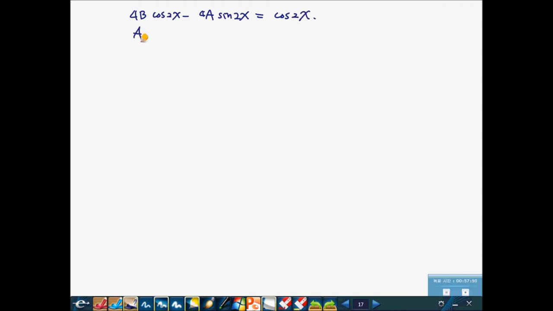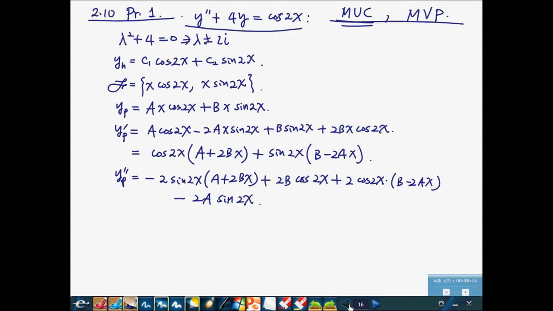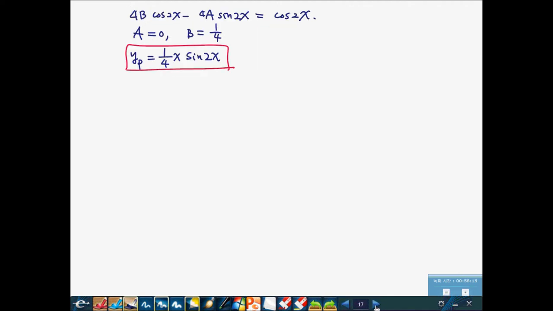Okay, so a becomes 0 and b becomes 1 over 4. So yp is 1 over 4 x sine 2x. So yp was that.